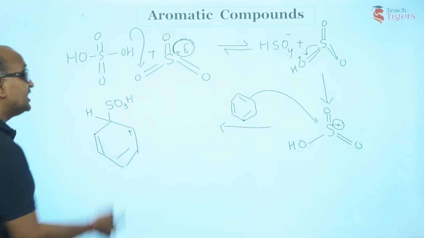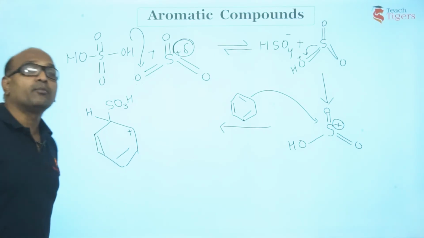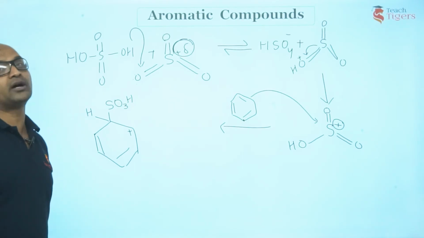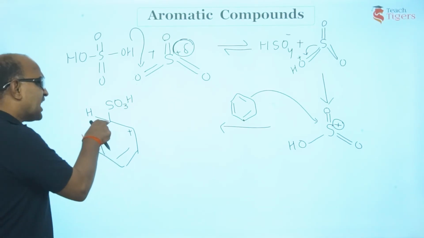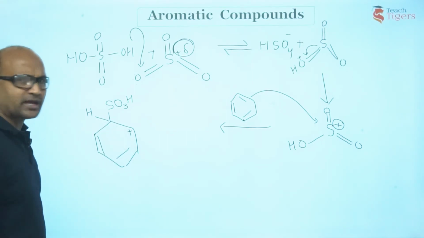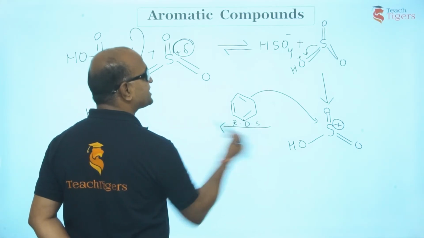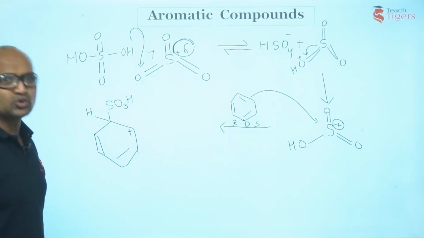Next is the deprotonation. Deprotonation is the process of removal of the proton. Now this hydrogen from this species, which we call the arenium carbocation, which is the RDS, the rate determining step. Am I right? Very slow step.